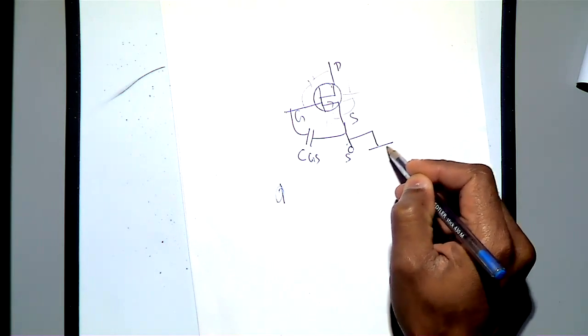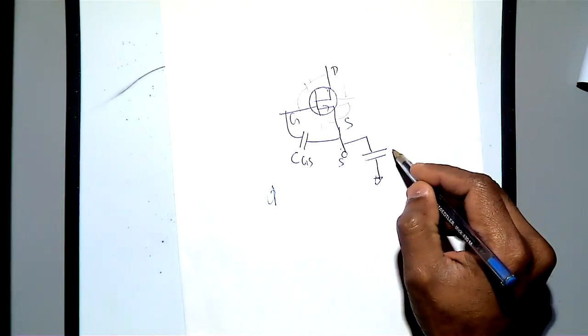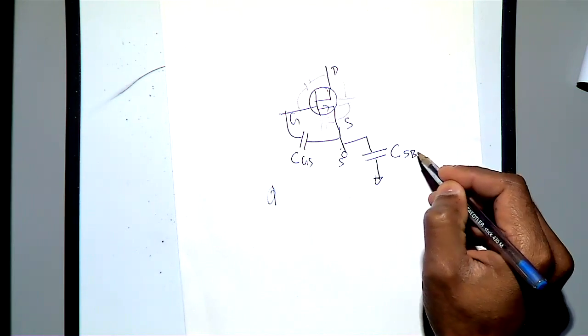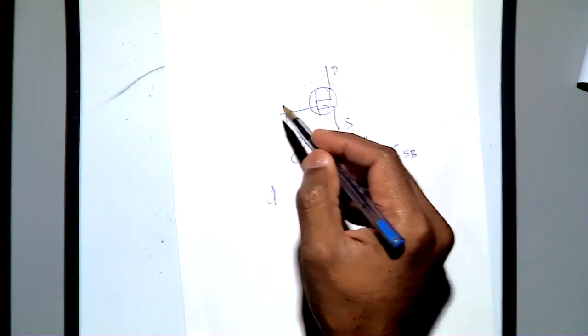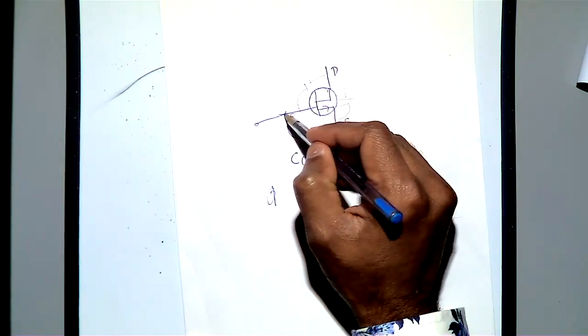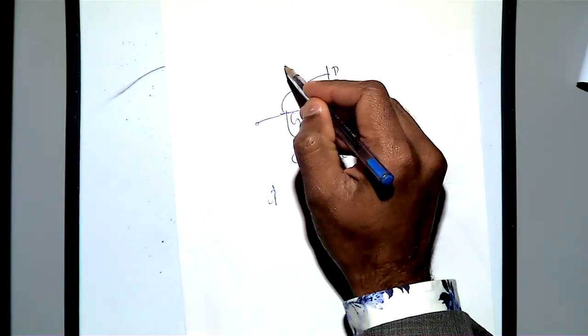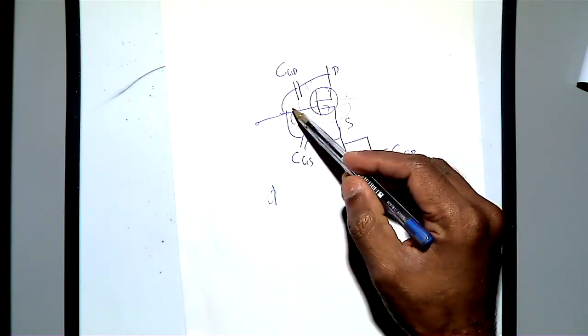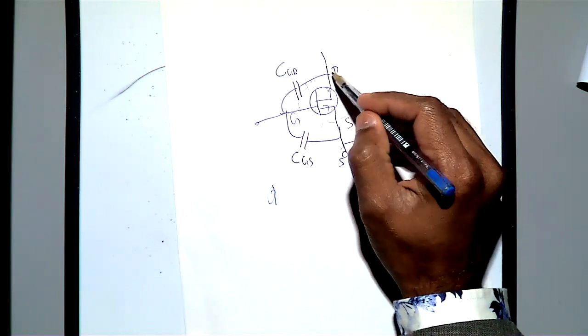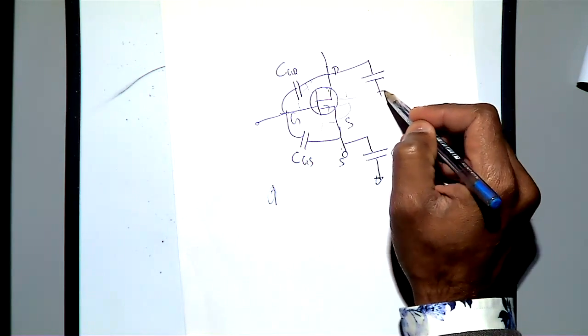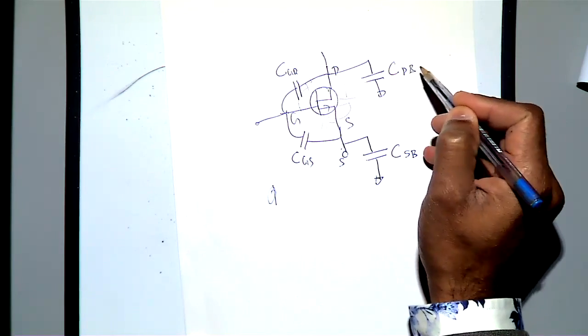Then you have another capacitor, CSB, source and bulk. Bulk is your substrate. Then you also have another capacitor here, CGD, the capacitance between gate and drain. Then another capacitor here, CDB, drain and bulk.